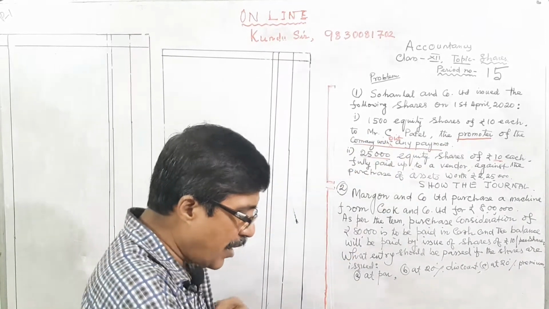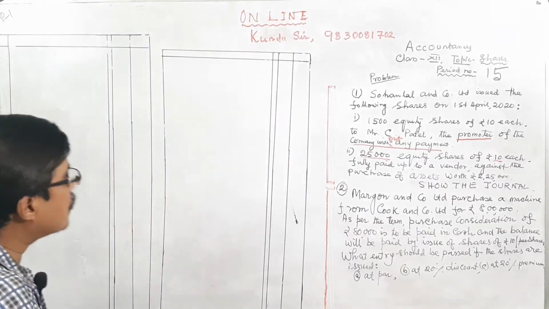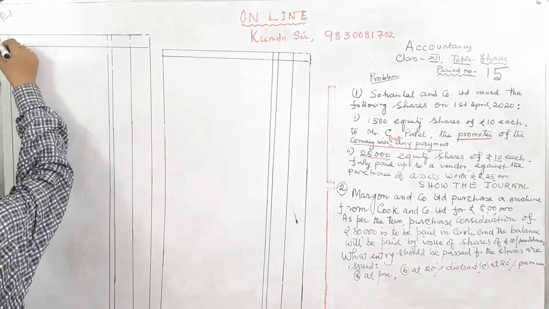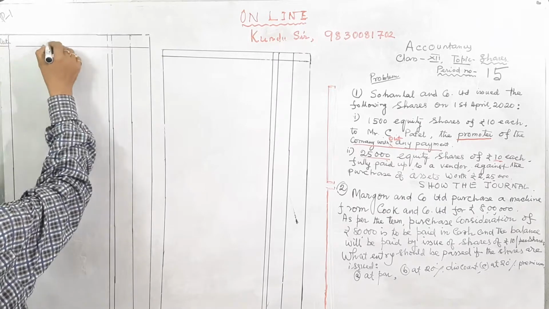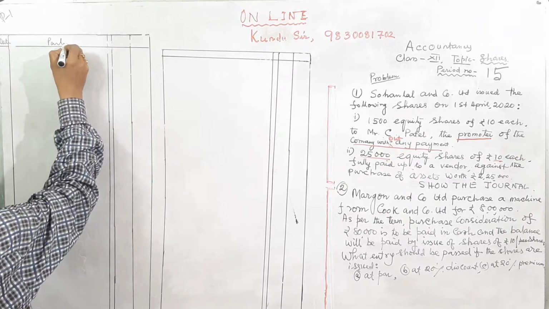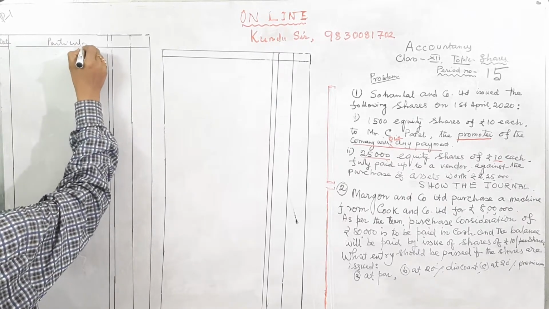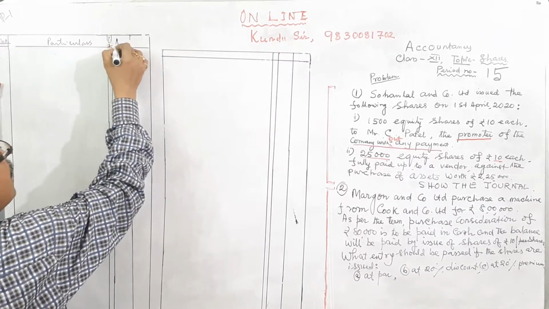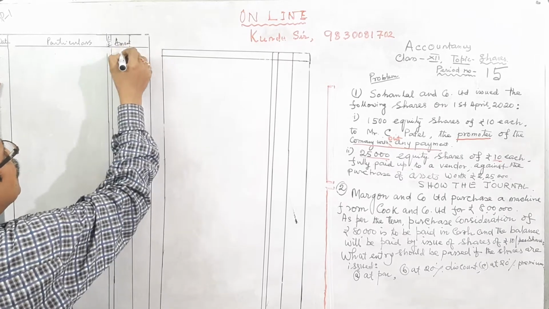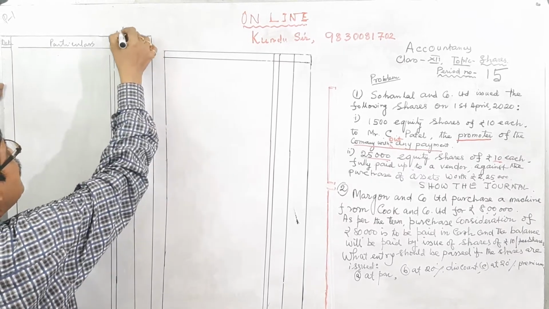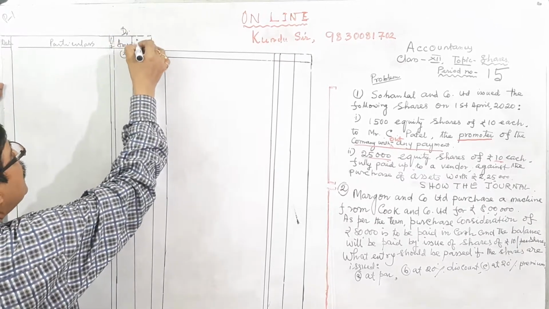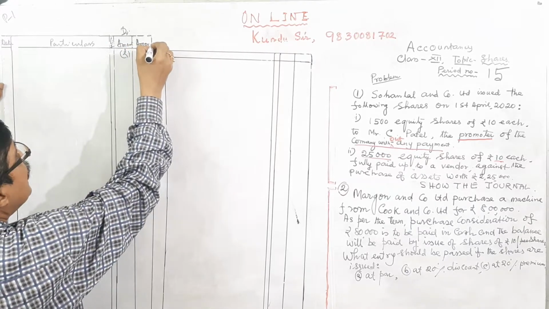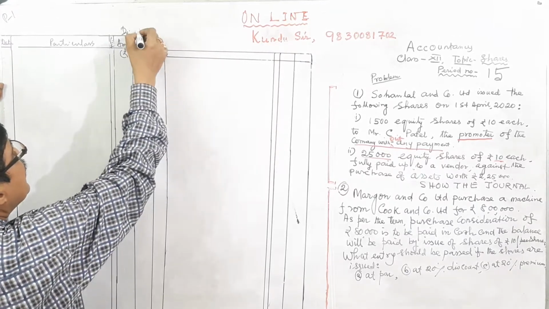Now we are starting the entries in the books of Shamlal and Company Limited. So it is date, particulars, ledger folio, amount in rupees, debit amount in rupees, credit.